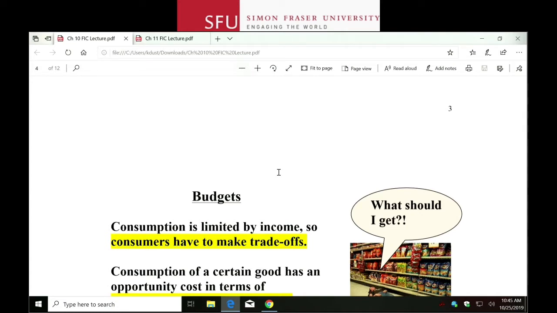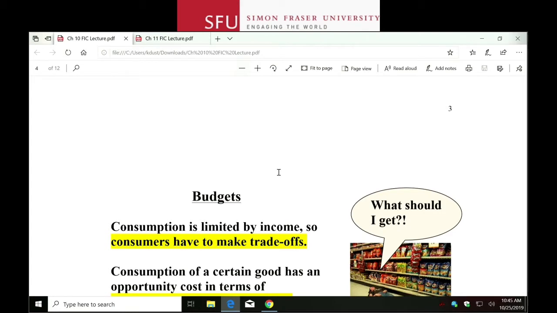If you were thinking about buying a vehicle, for example, which can cost a lot of money, you're going to think about what you're giving up. If I spend thousands of dollars on this new vehicle, I'm giving up all these other things I could buy: vacations I could take, maybe extra courses, because that's less money for tuition.